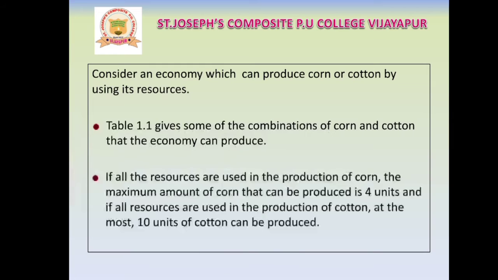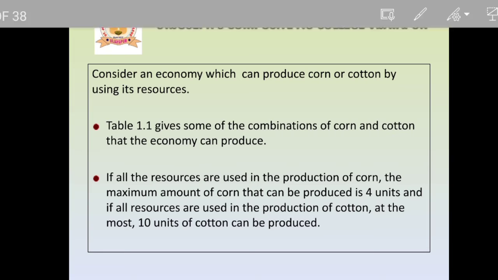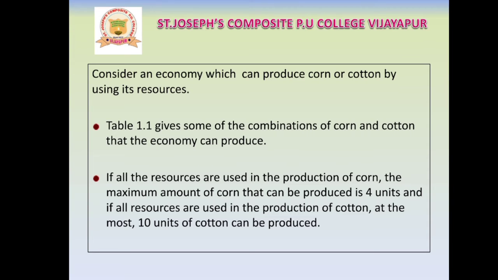If all the resources are used for cotton, the maximum is 10 units of cotton. We observed this in the table.